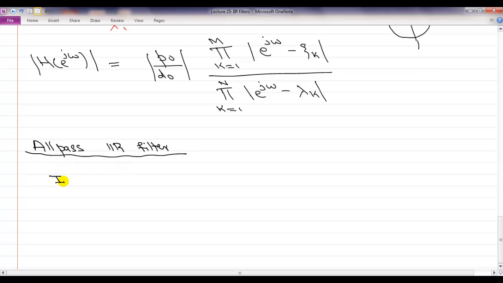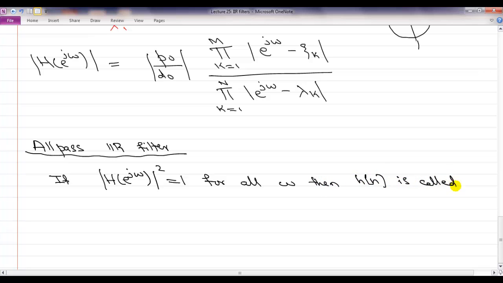And in general, an all-pass filter is the following. If the magnitude of H(e^{jω}) squared is equal to 1 for all ω, then h[n] is called an all-pass IIR filter.